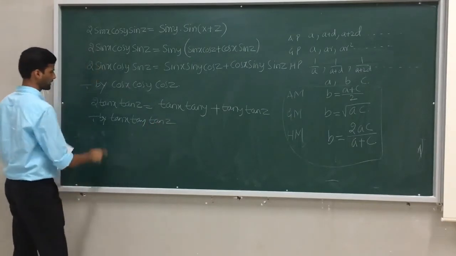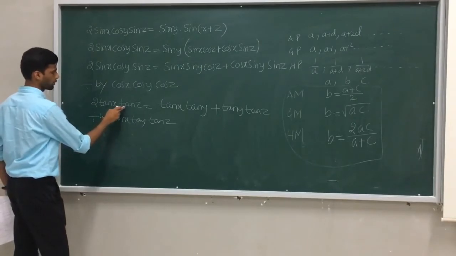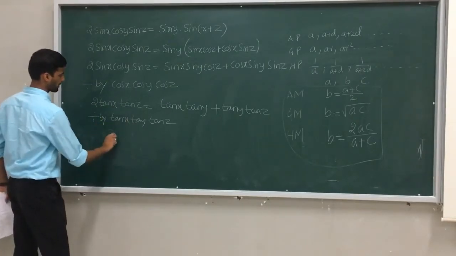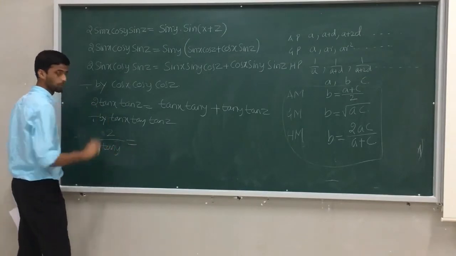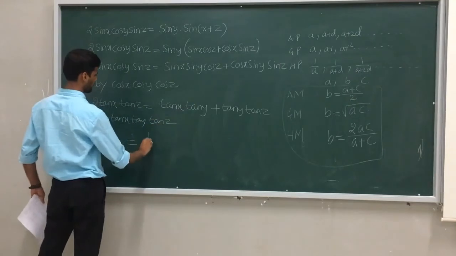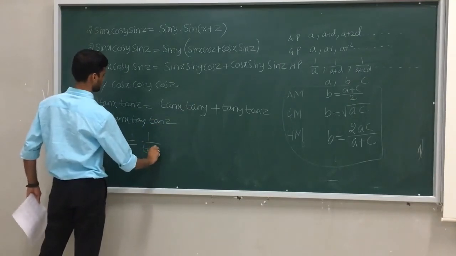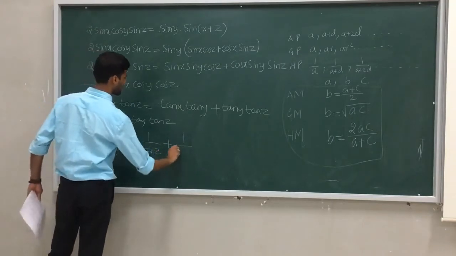Dividing the first term, tan x by tan x cancels, there is no tan y term, so you are left with 2 by tan y, equal to, dividing here by tan x tan y, you are left with 1 by tan z. Dividing here, tan y tan z cancels, you are left with 1 by tan x.